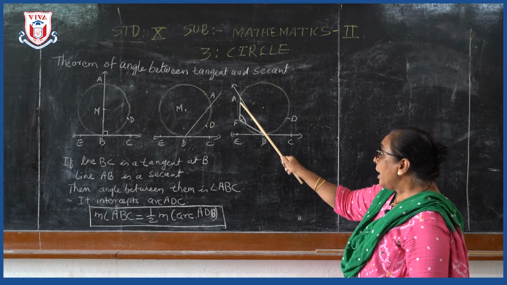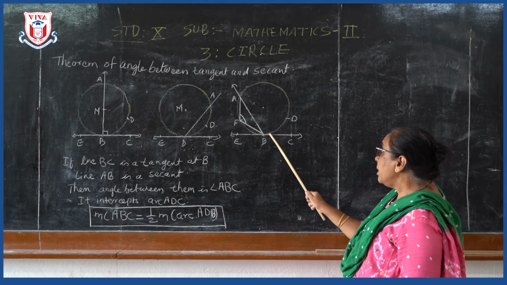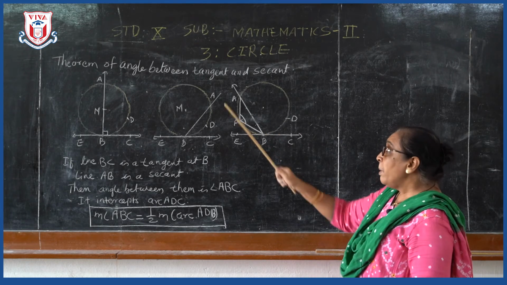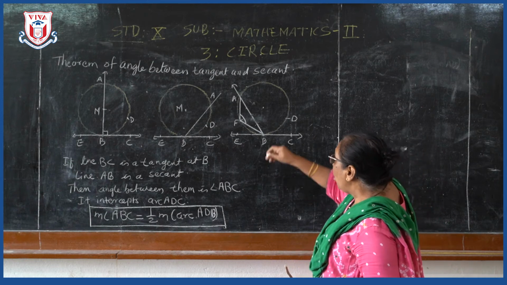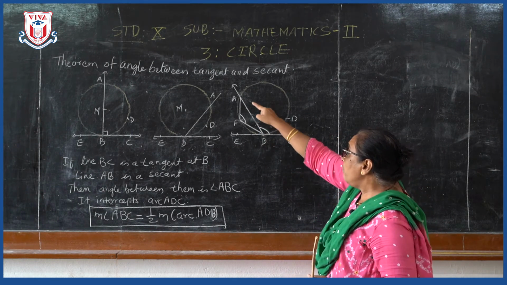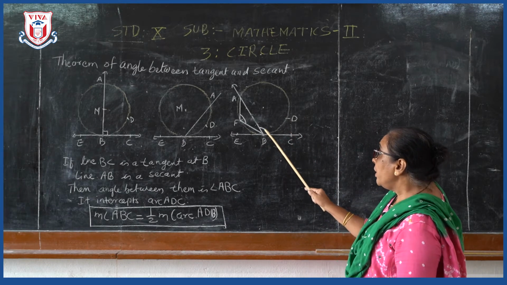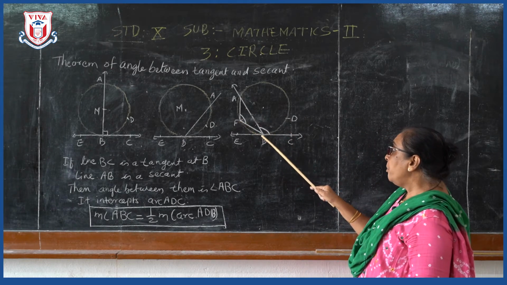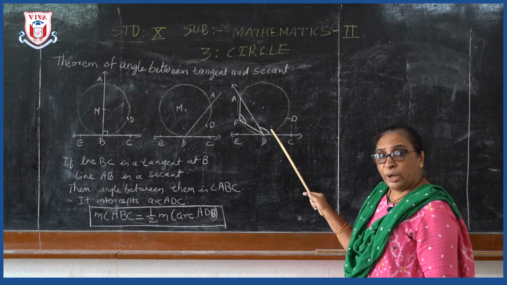So angle AFB is half of measure of arc ADB, and by the tangent and secant theorem we also get angle ABC is half of measure of arc ADB. That means we can say that angle AFB and angle ABC are both congruent.